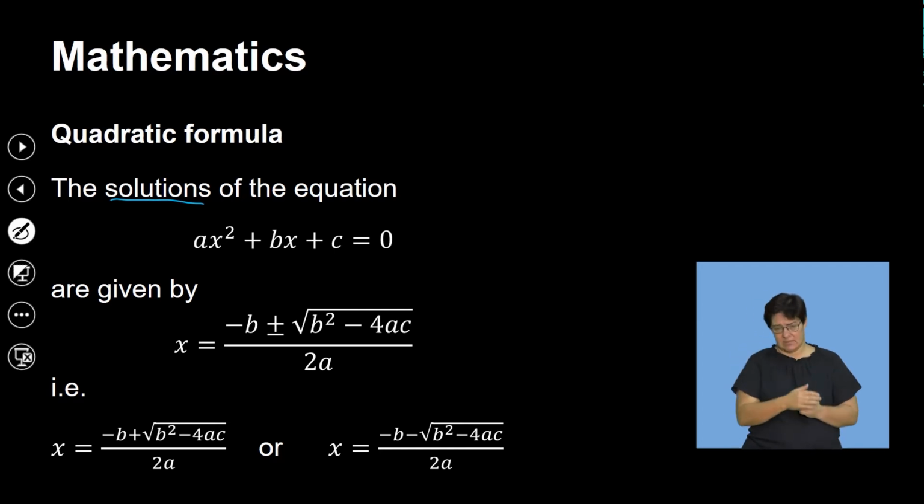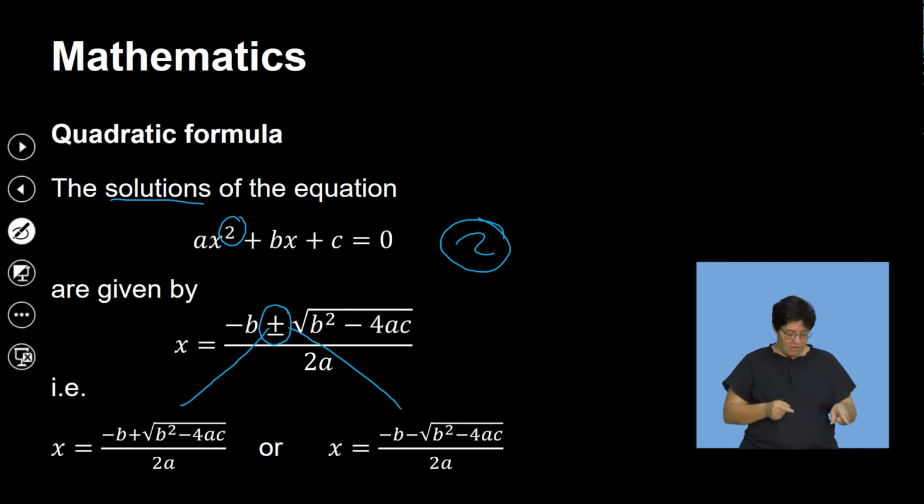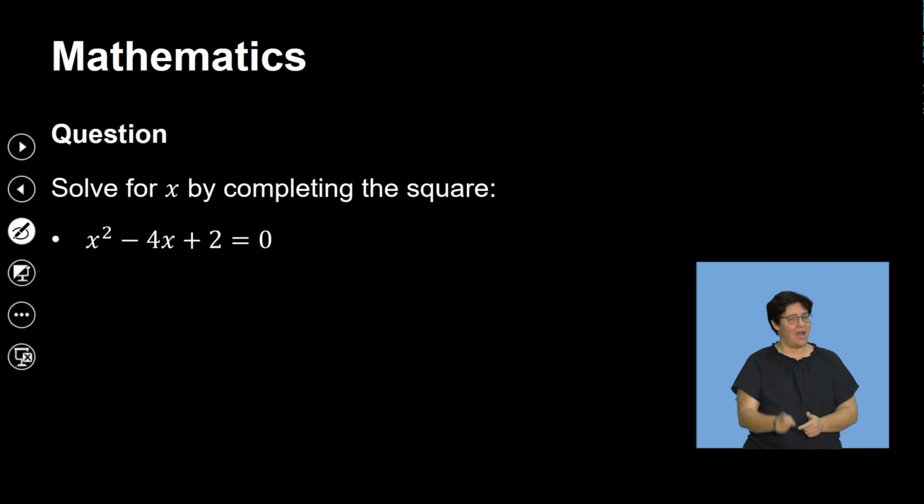So make sure you just understand it. Because of this plus or minus, you will have two solutions, one with the plus and one with the minus, right? So that's what makes it two solutions. Because I said to you, squared always tells you that you must have two answers, not one. As soon as you have one answer, you have done something very wrong.